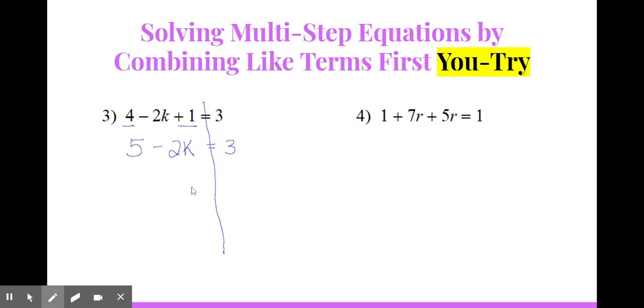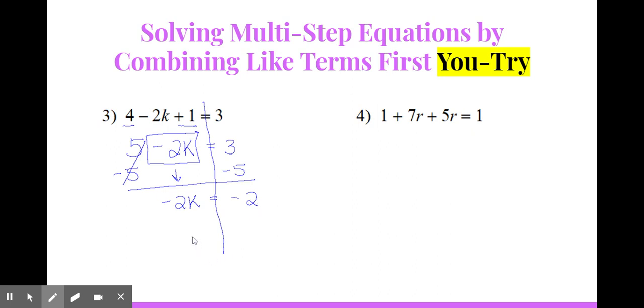Now that I have a two-step equation, I'm going to solve. I'm going to box off my variable. What's the first step? Minus 5 on both sides. The 5's will cancel. I drop down the negative 2k equals 3 minus 5 is negative 2.